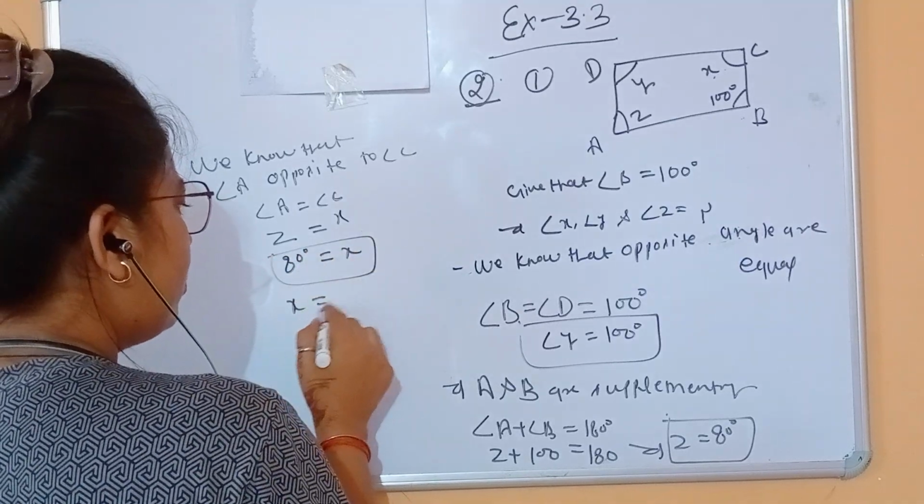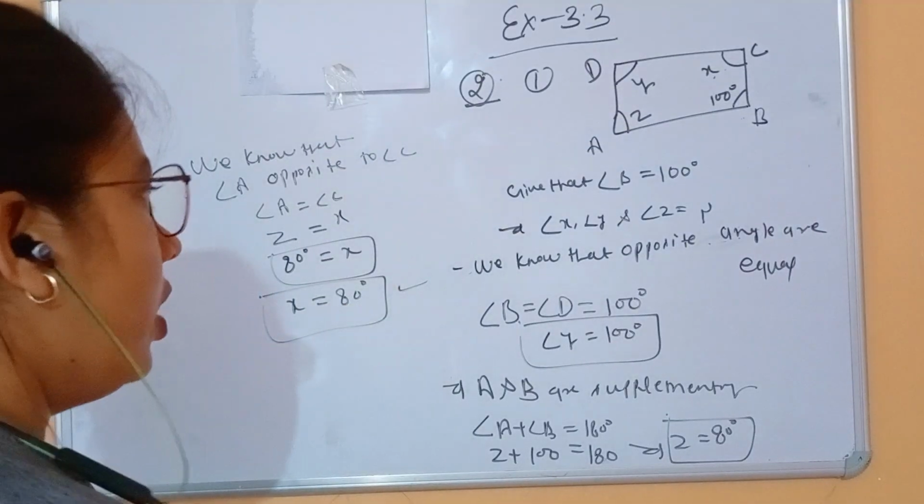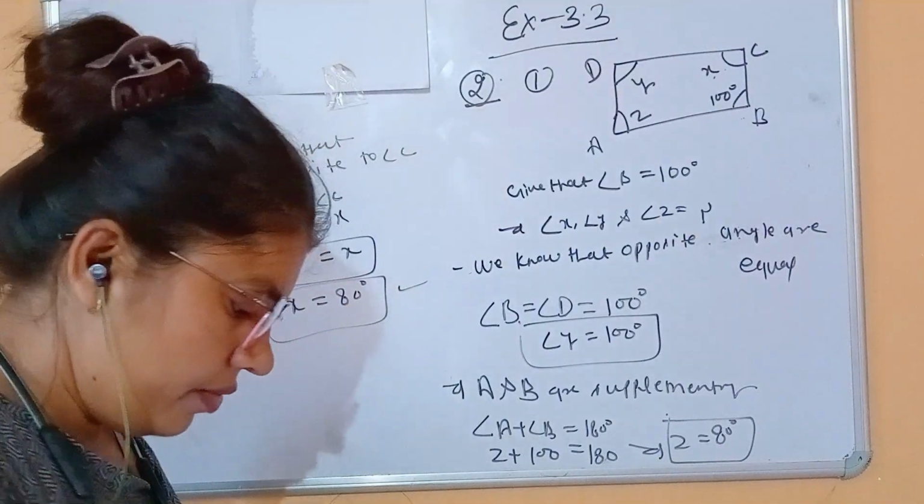So X is equal to 80 degree. Okay. So first write, then we understand.